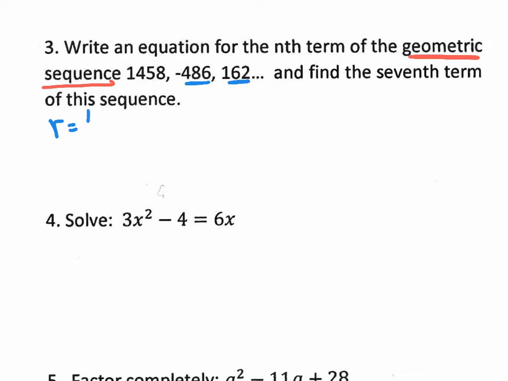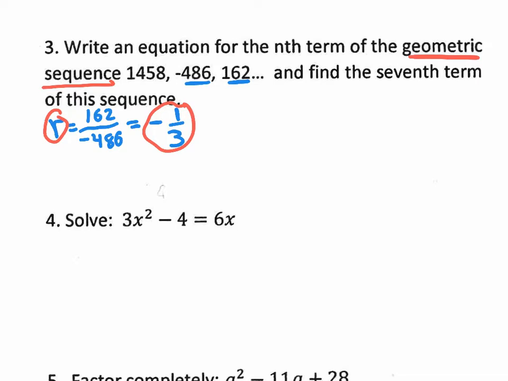You're going to write 162 over negative 486. Could somebody do me a favor and grab a Casio calculator and just type in that fraction, 162 over negative 486. And the Casio calculator will reduce it for you, and it'll be a negative 1/3. So ladies and gentlemen, our common ratio is negative 1/3.